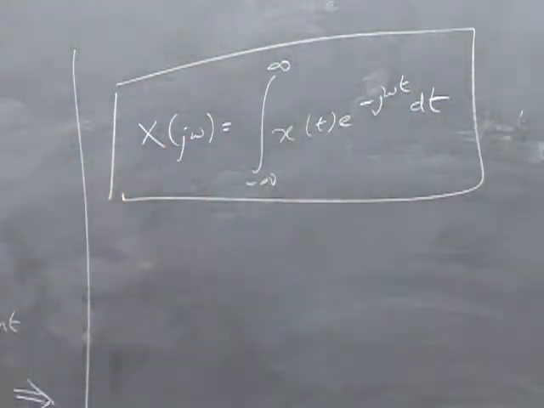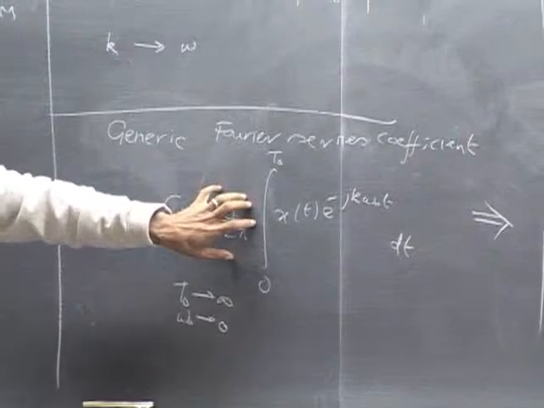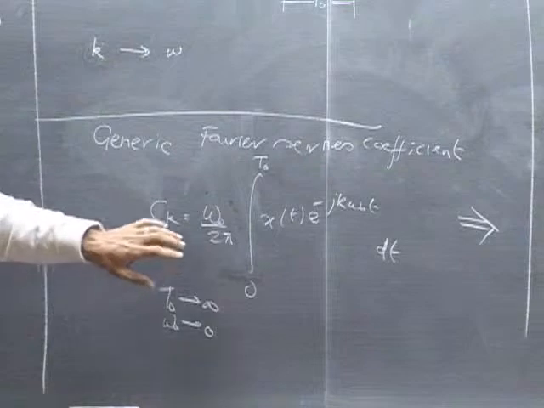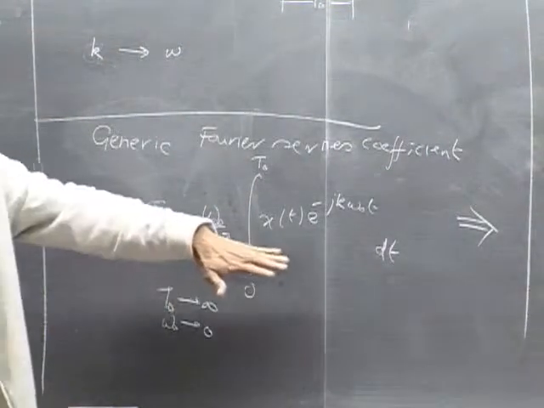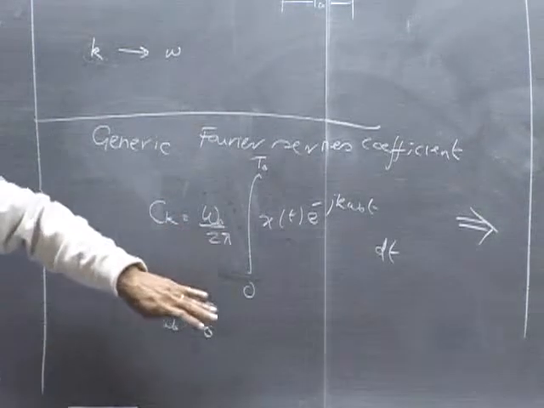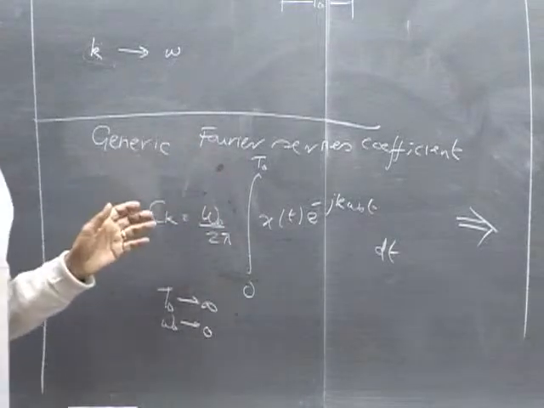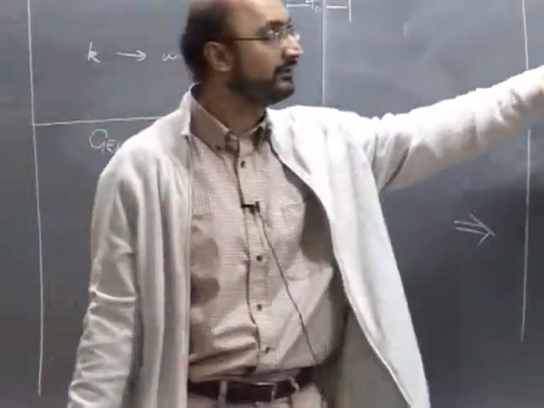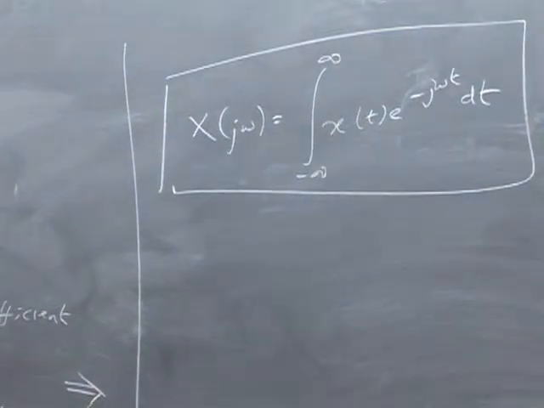So let's look at the formal similarity between the two. Omega naught tends to 0, so this scalar goes away, right? Omega naught by 2 pi, we don't really care, the scalar goes away. And so what we have then is that here we're multiplying by x, taking the integral over the period 0 to t0. In the general case, when t0 tends to infinity, we have an infinite duration, so we take minus infinity to infinity because the period is infinite.